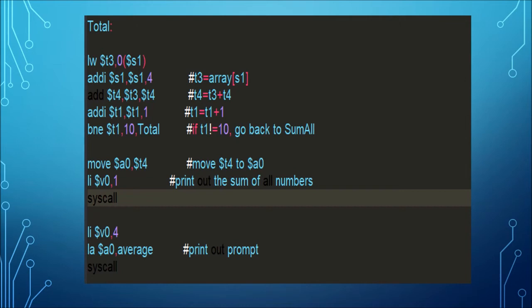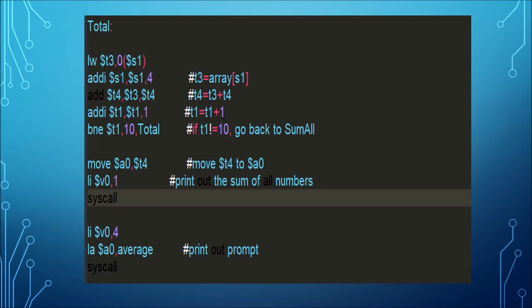We must put addi $s1 4. $t4 is equal to $t3 plus $t4: add $t4 $t3 $t4. For t1 equal to t1 plus 1, we must put addi $t1 1. If t1 not equal 10, go back to sum all. We must put branch not equal $t1 10 total.